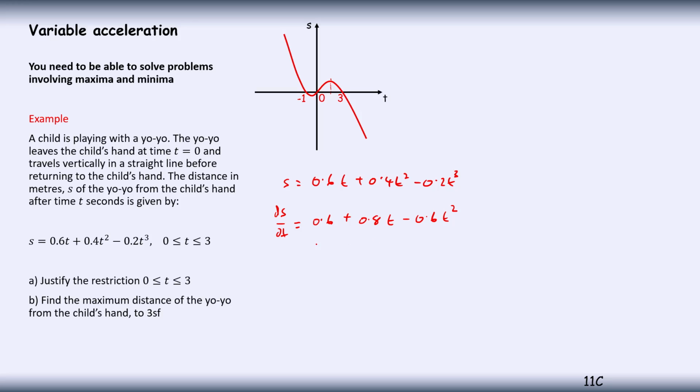I need to solve this when the gradient is equal to 0. So when ds by dt is equal to 0, I've got 0.6 plus 0.8t minus 0.6t squared is equal to 0.